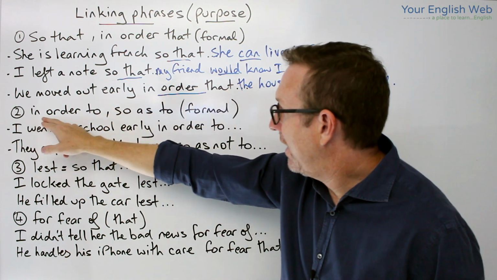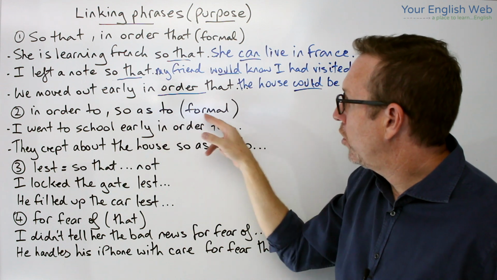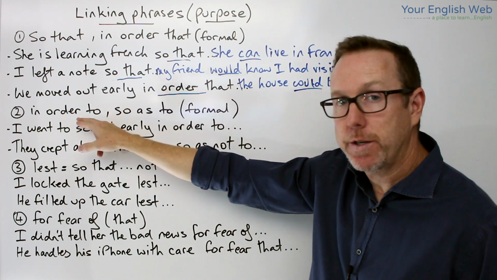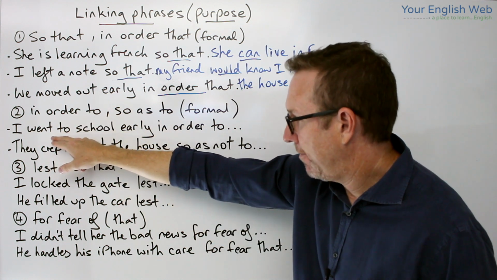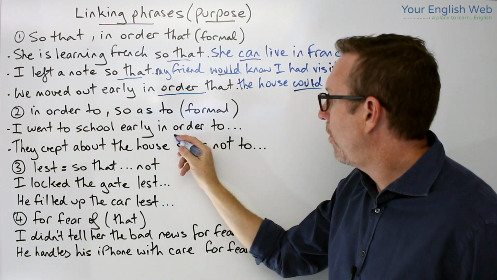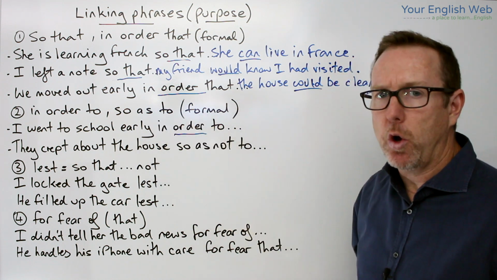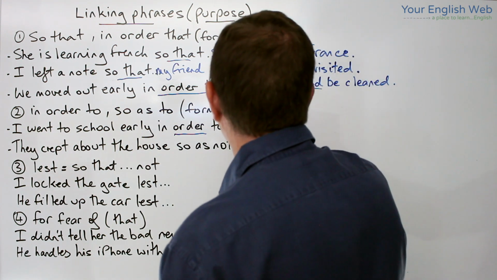Now the next one, in order to, so as to. Again, so as to, more formal than in order to, but the same meaning. Let's have a look at the sentences here. I went to school early in order to, what was the purpose of me going to school early?